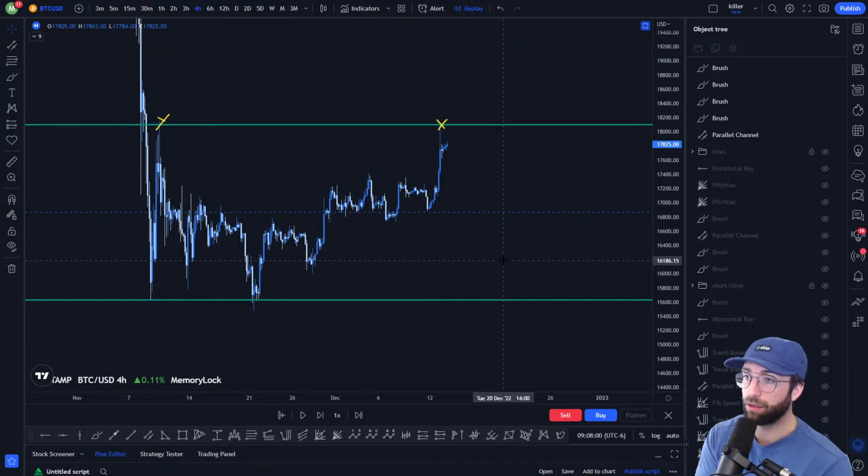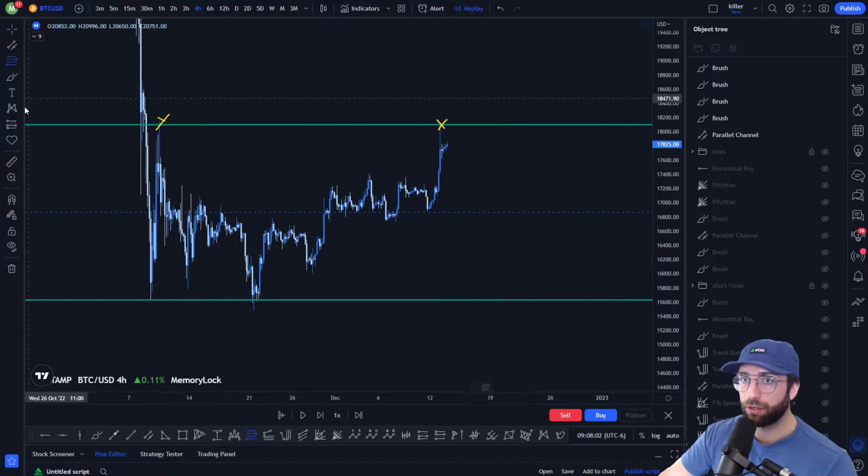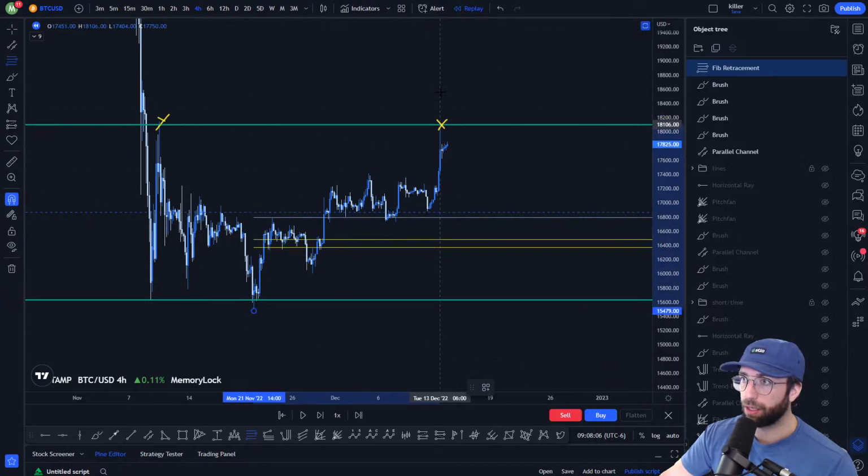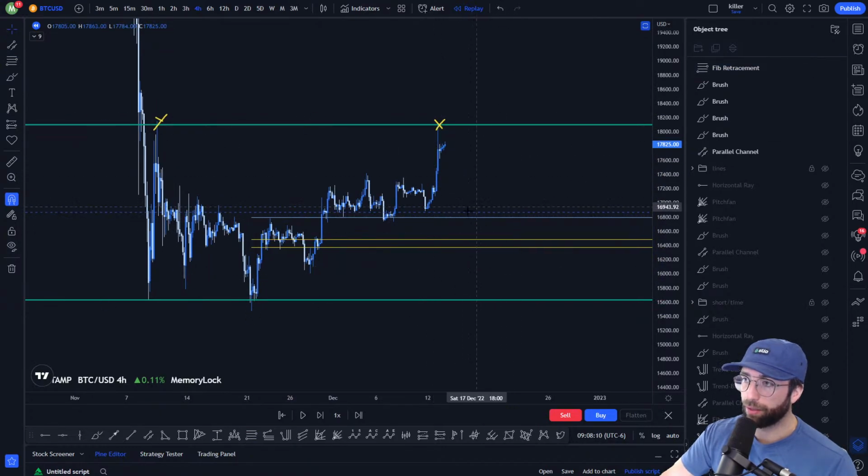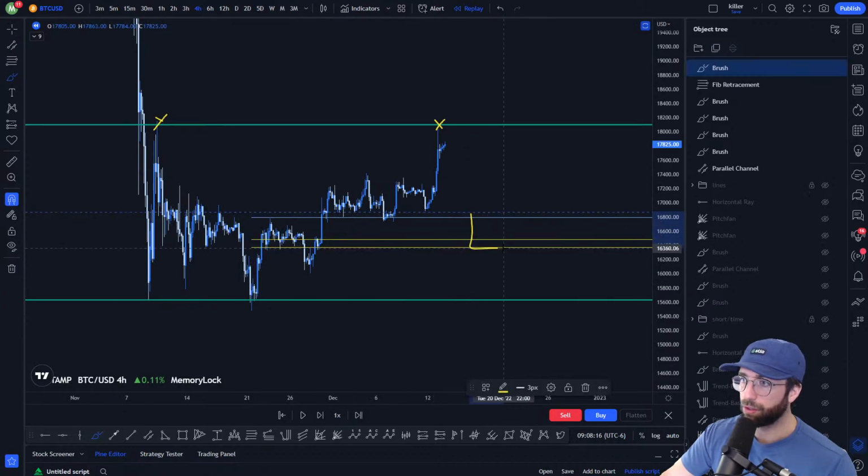You can do that many ways. You could do some Fibonacci pulls. You could say, at this point I would expect that trend reversal to bring us to the midline, maybe down to the 618. So somewhere in this zone would be a good start.